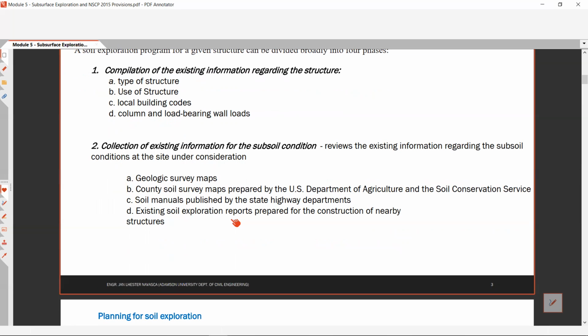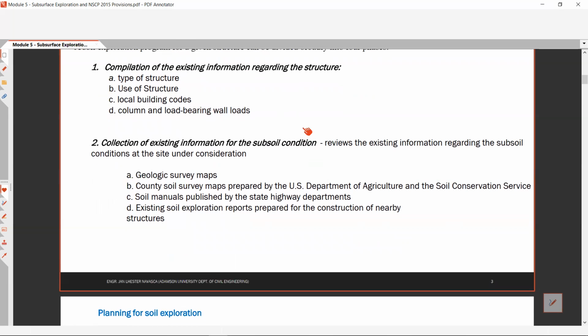Number 2 is the collection of existing information on the subsoil condition. As a geotechnical engineer, you will need to review the existing information regarding the soil conditions under the site. You need to check the geological survey maps and the country soil survey maps.